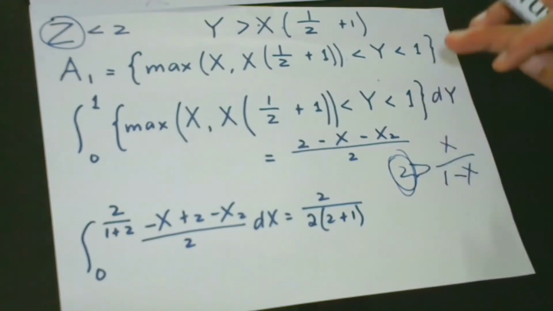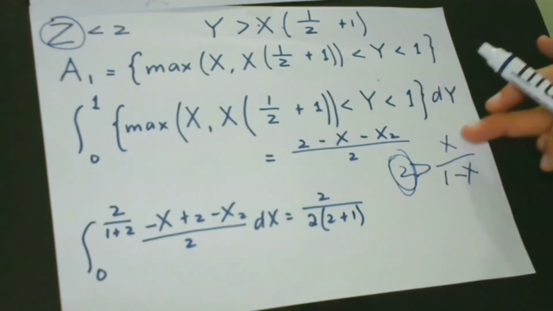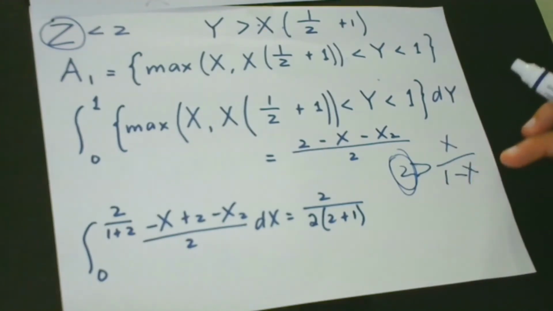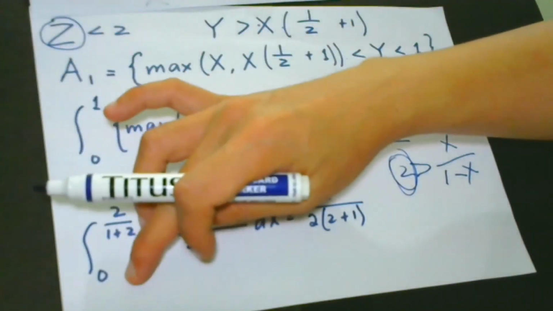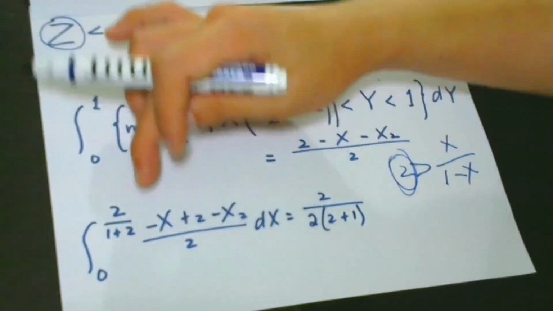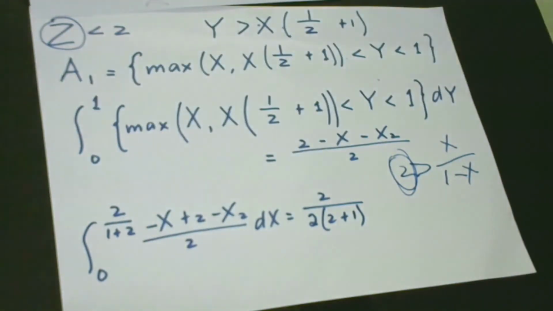Because we found that z is greater than x over 1 over x, then we could say the integral is from 0 to z, 1 plus z, 1 over z plus, or z over 1 plus z.